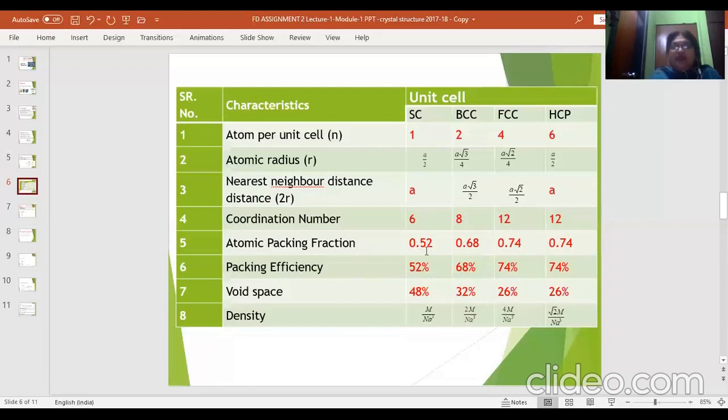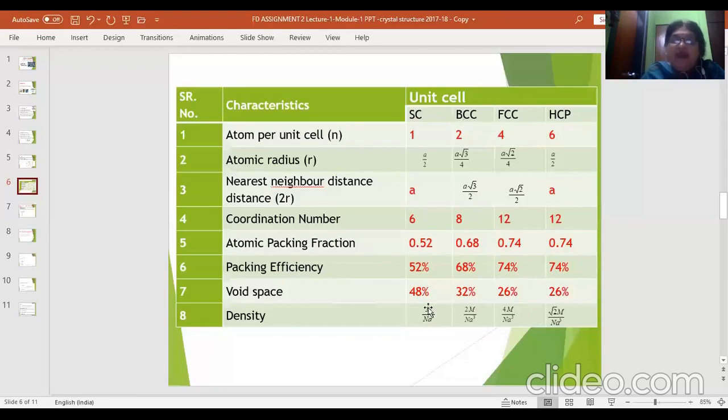When you multiply by 100, you get packing efficiency 52%, here 68%, and this is 74%. Now that means 100 minus 52 means 48% is void, 100 minus 68 means 32% is void, 100 minus 74 means this is 26% void. So FCC happens to be the highest packing among all the cubic structures.